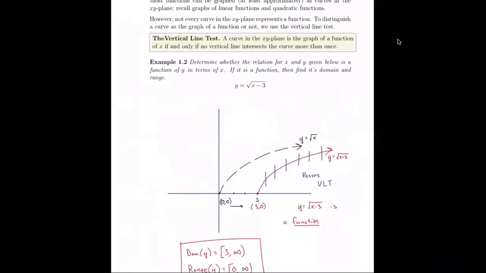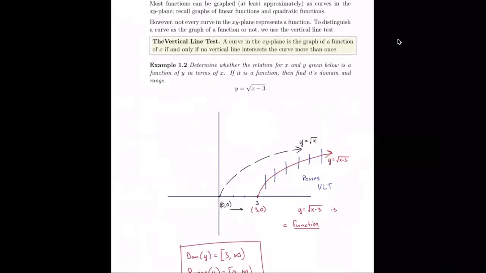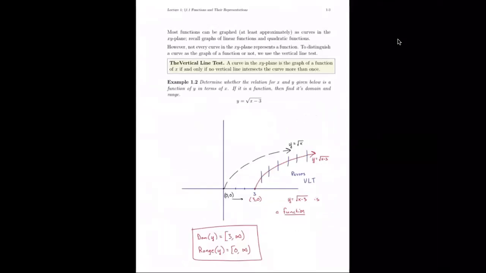So let's have a look at what they're actually having us do here. They're giving us a function. They say determine whether the relation for x and y given below is a function. If we're not sure if something's a function, we typically call it a relation. So in that way, it says that y is related to x via this rule. If we have an x, it puts out a value y based on this formula.